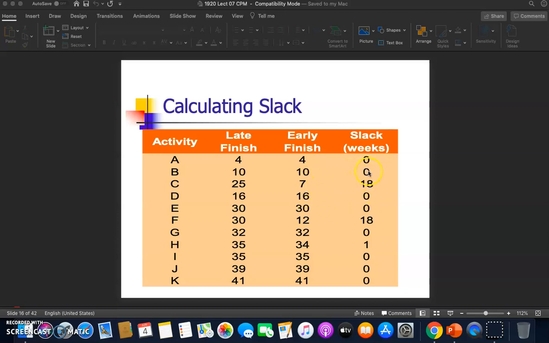So with this we can plan all the activities properly without disturbing the project completion.